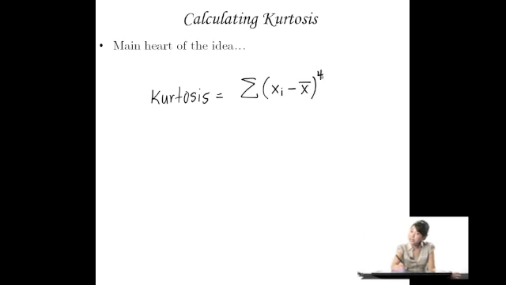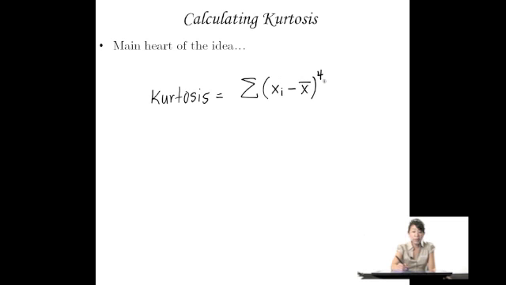Now, when we raise it to the fourth power, we know that we do not care about whether it is on the left side or the right side, right? So that's one thing to note already about kurtosis. It's not counting how many are on one side versus the other side of the mean.